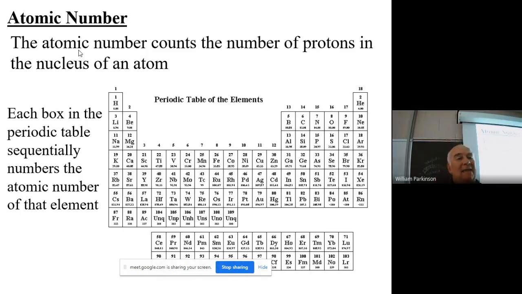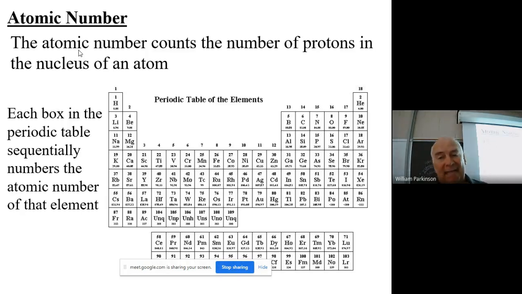Okay, now, again, I did talk a little bit about these things. I want to mention them again because they're going to be important going forward. Each box represents one of the so-called elements. It's called the periodic table because the properties of the elements are periodic, meaning the properties of the elements repeat.